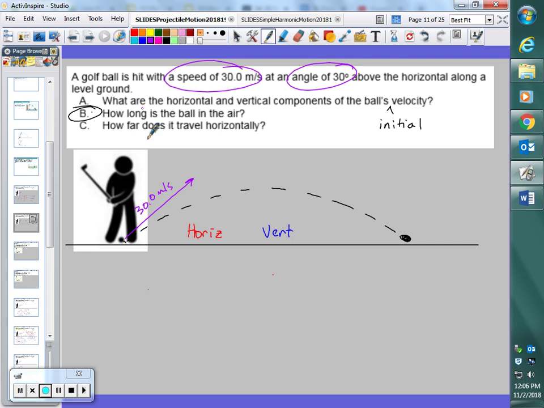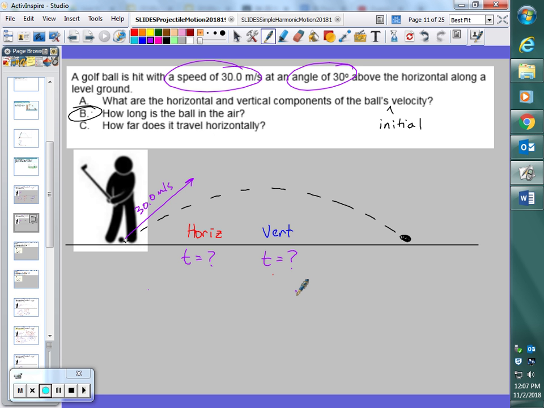We can actually do that in two ways. We could solve it horizontally, or we could solve it vertically, just depending on what information we have to work with. Either way will work because time has to be the same for both of them. Okay? Good with that.